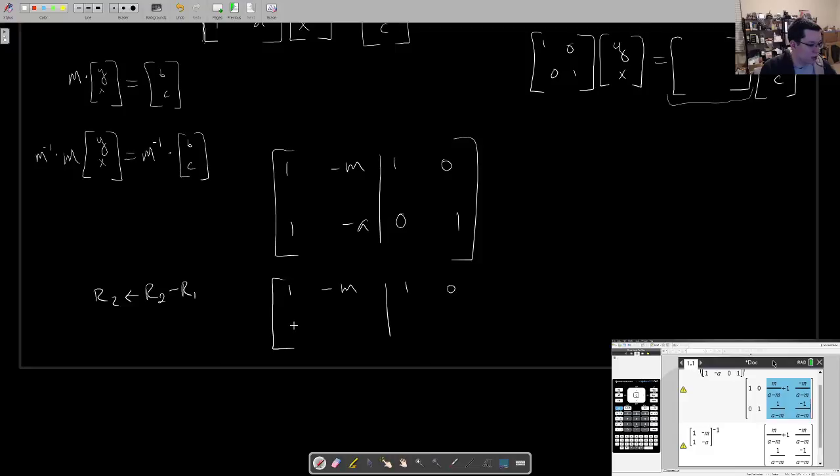One minus 1 is 0. Negative a minus negative m is negative a plus m. 0 minus 1 is negative 1. 1 minus 0 is 1.